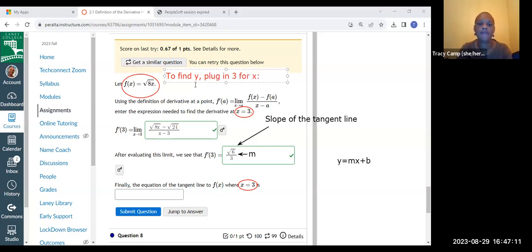So we will have f of 3 equals the square root of 8 times 3, or in other words, the square root of 24.